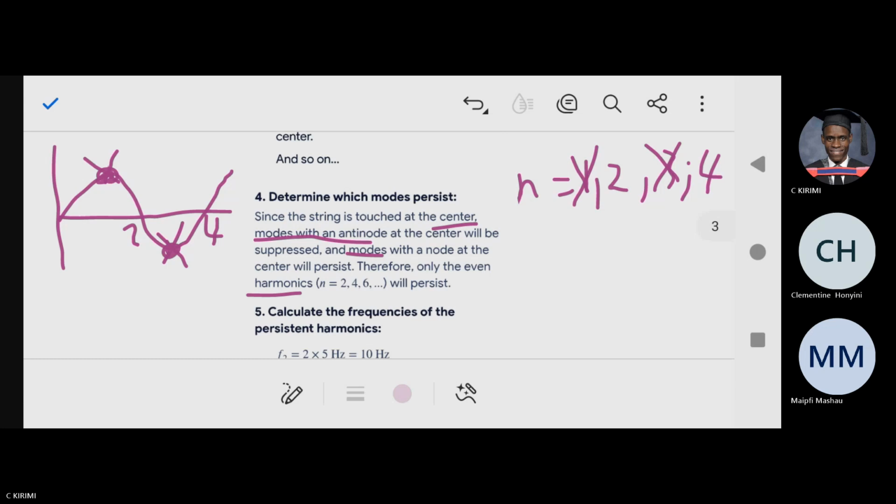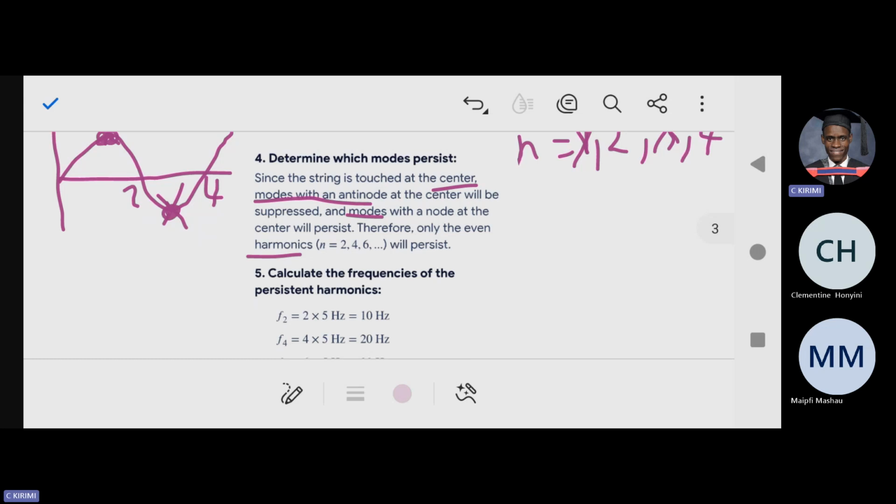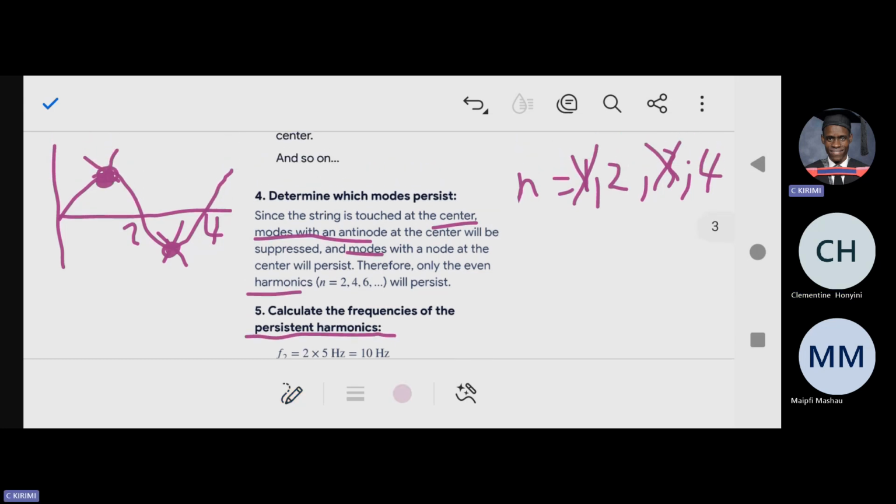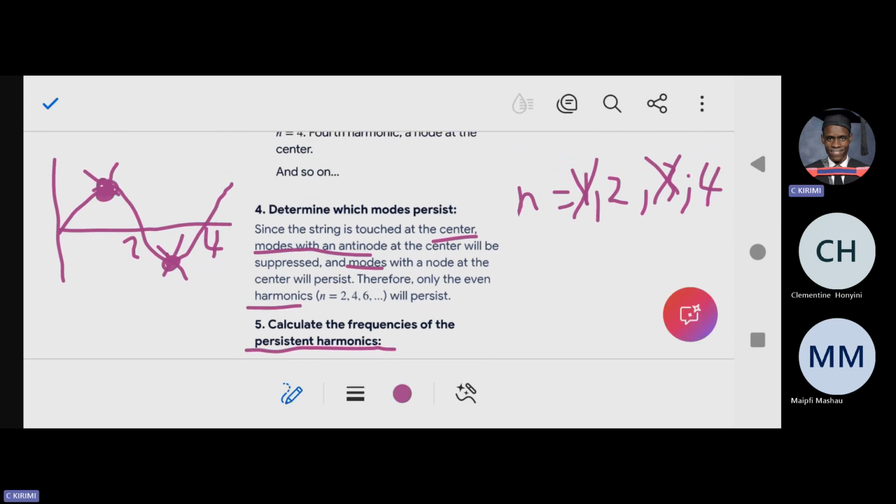So now we are calculating the frequencies of the persistent harmonics. So F2 is not going to be suppressed. This is when n is 2. It's not being suppressed, it's persistent. That's what they mean. If it's not being suppressed, then it's persistent. Remember this, the string was plucked at the center.